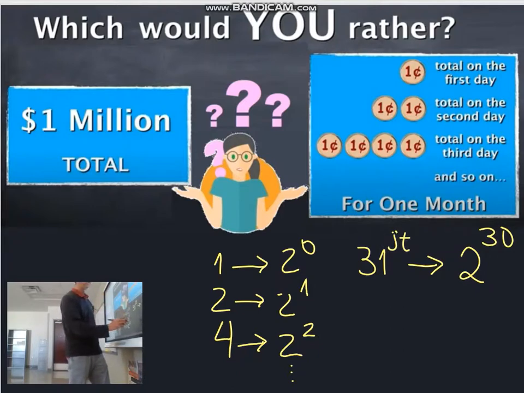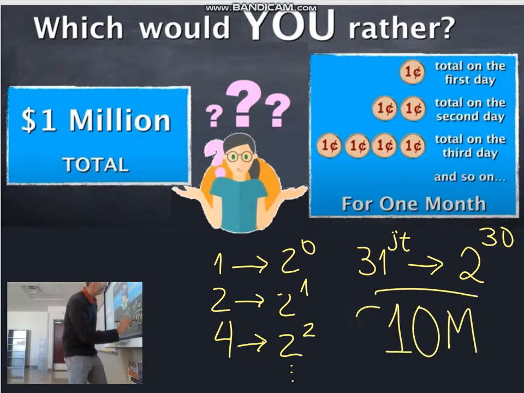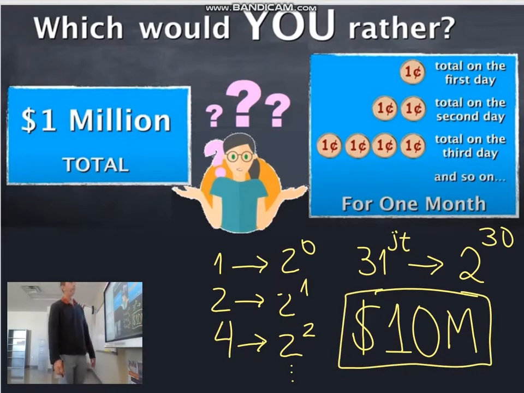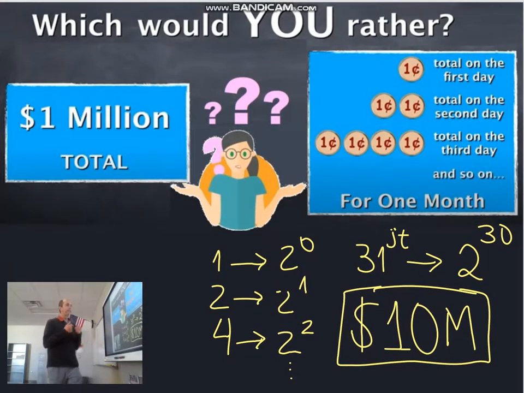And if you find the amount in dollars, multiply by 1 cent, 1 penny, 1 billion coins times 1 penny, and then you're gonna find more than $10 million on this option with the pennies.